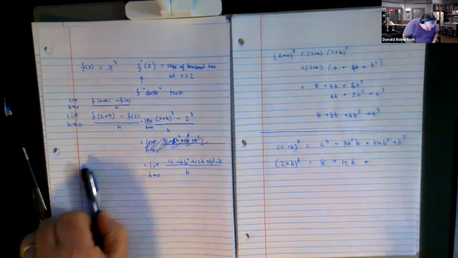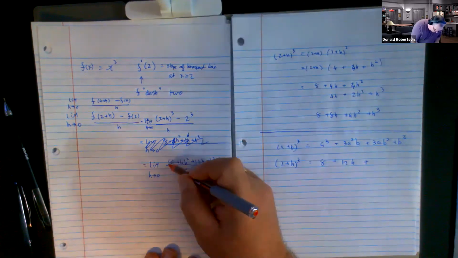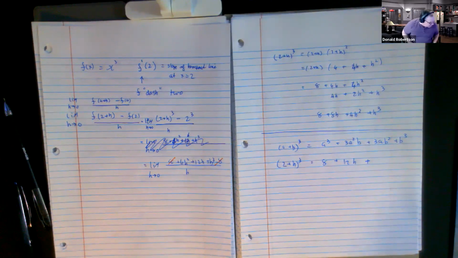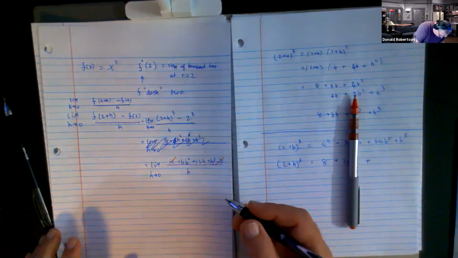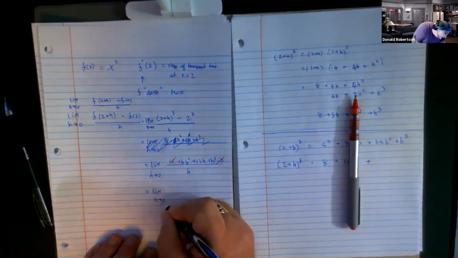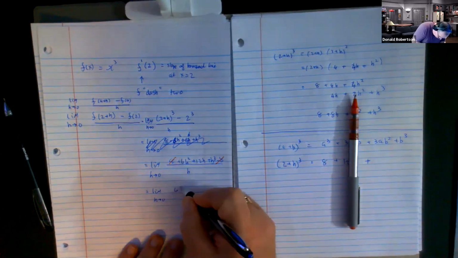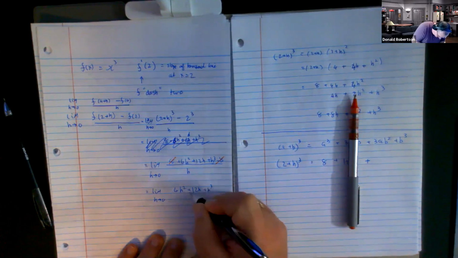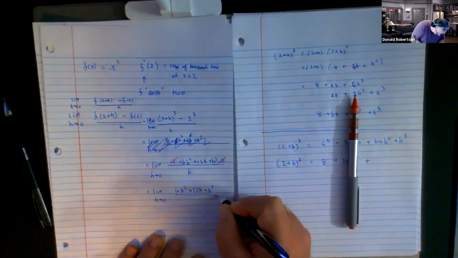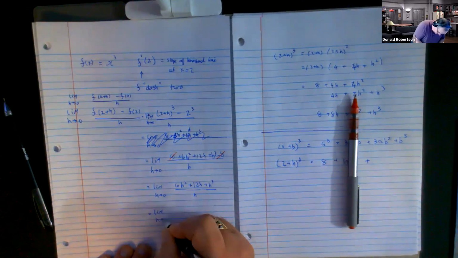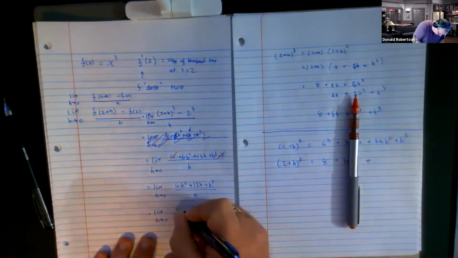The only thing I'm comfortable with is, you see those 8s cancelling out again? We mentioned the numbers always go away. This is what's left. Now, what you'll also get is pulling out a common factor of h.